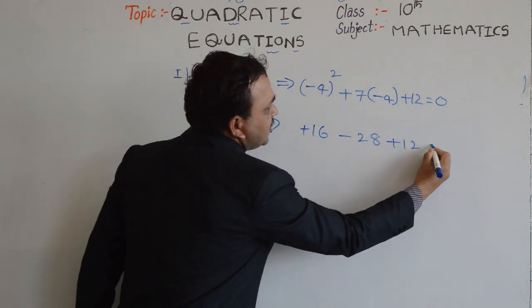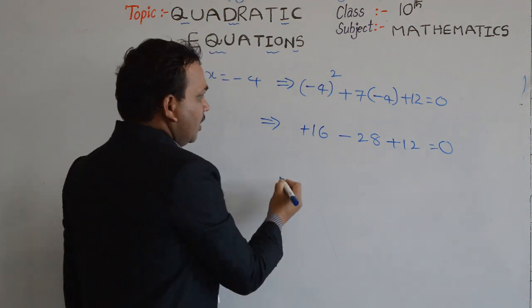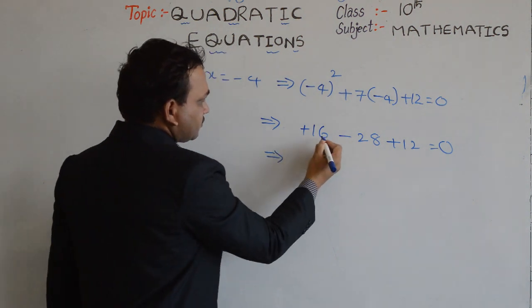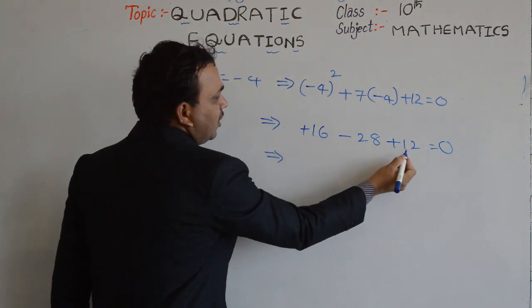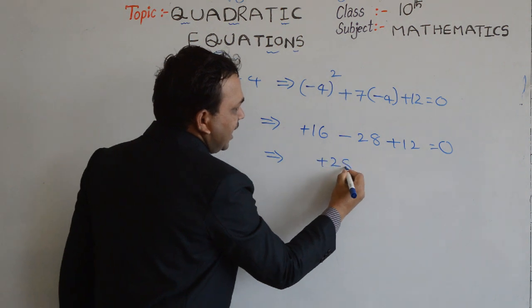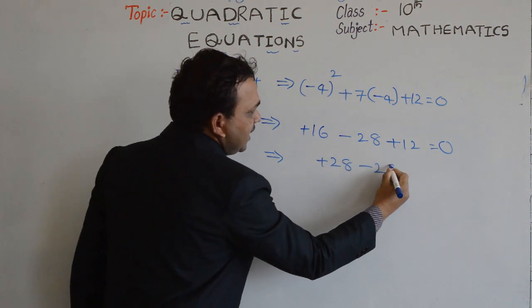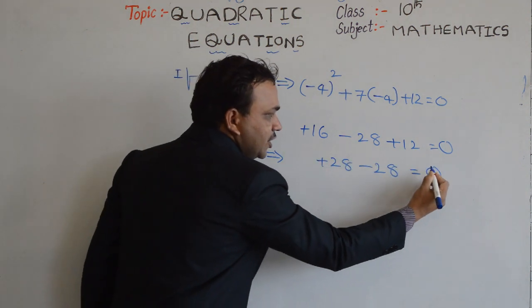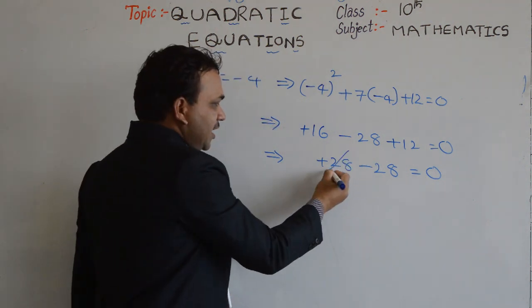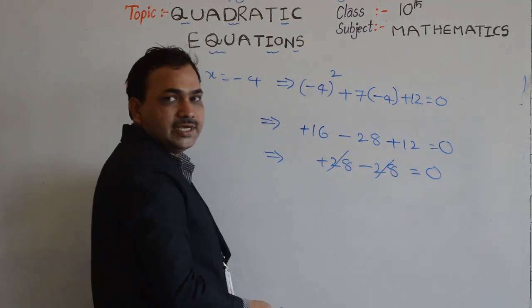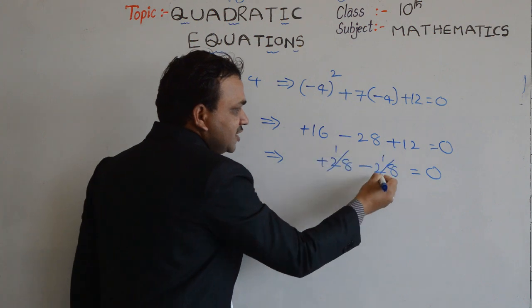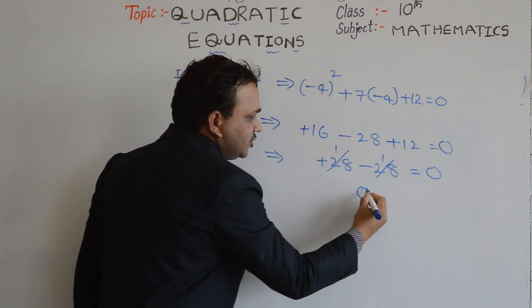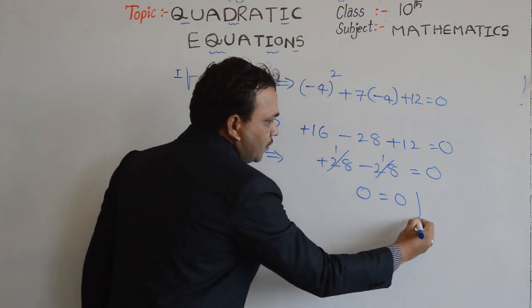Plus 12 is equal to 0. That implies plus 16 plus 12 plus 28 minus 28 is equal to 0. So plus 28 minus 28 cancel. What we got? 1 minus 1, 1 minus 1 is nothing but 0 is equal to 0.